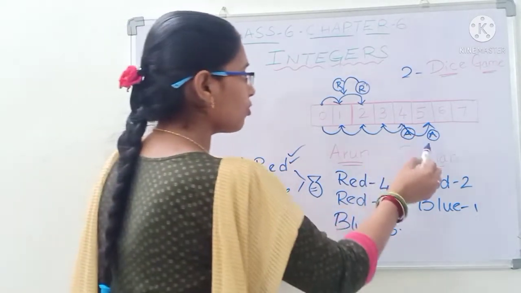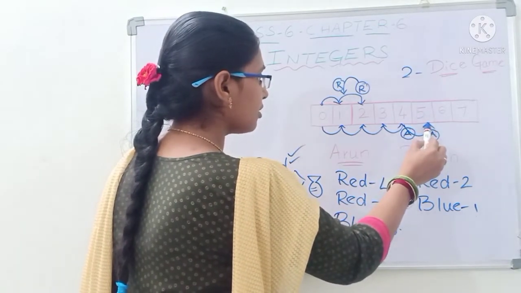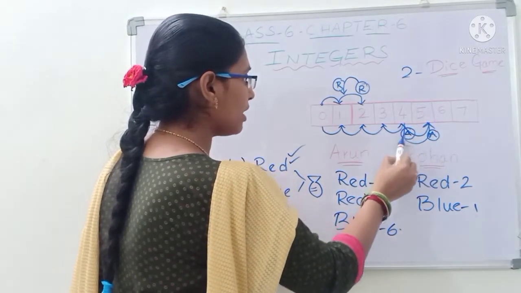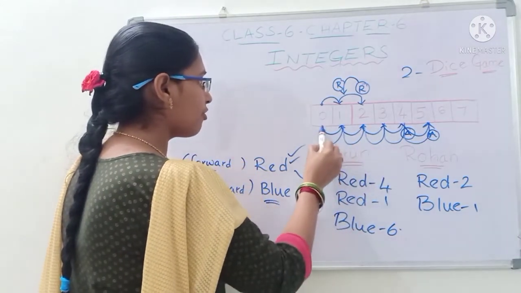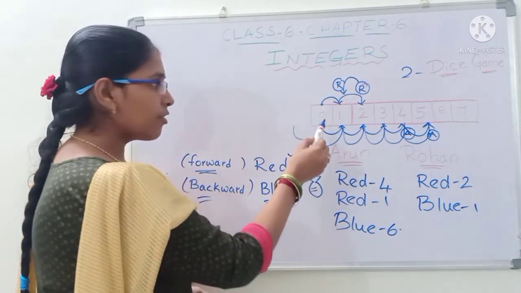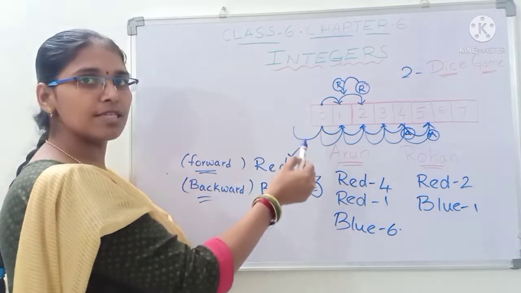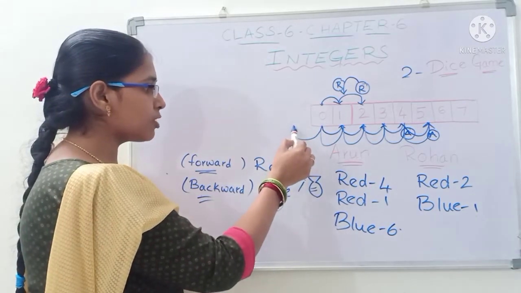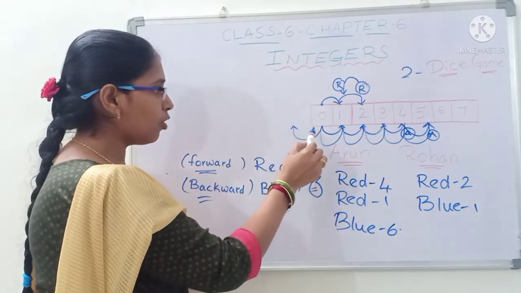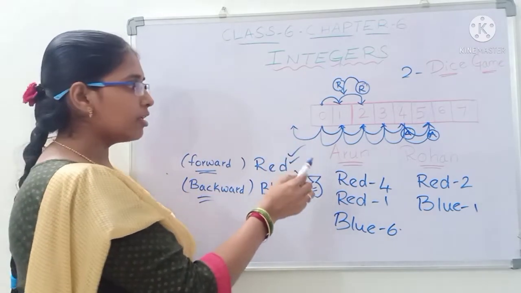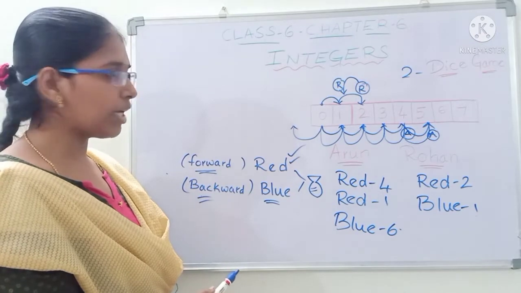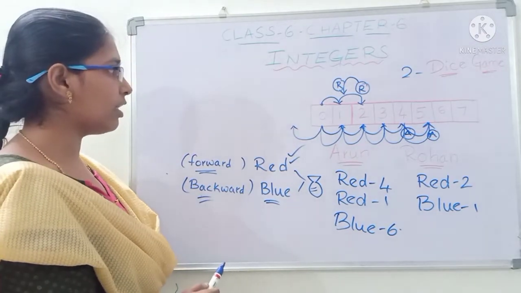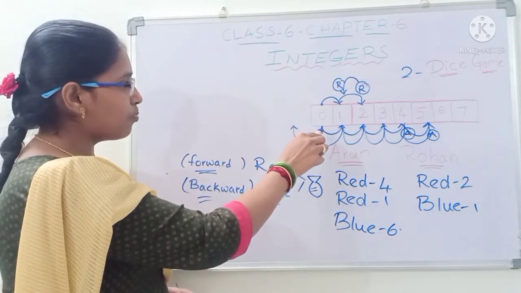Where is Arun? He is at the 5th position. You should move 6 steps backward. 1, 2, 3, 4, 5, 6. At 5 steps, he reached 0. Now at 6 steps, he should move 6 steps, right? He should go backward. So, they both got a doubt. Where should Arun go? Rohan and Arun discussed and they thought that, okay, it is below 0.